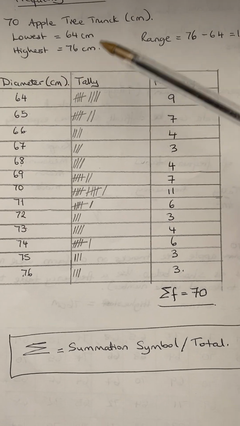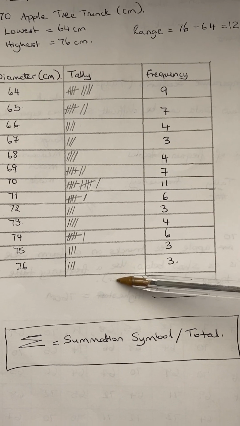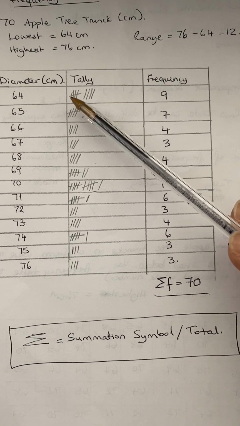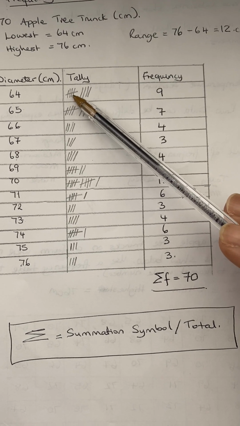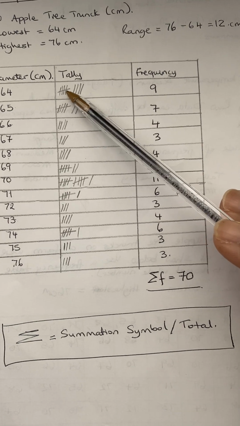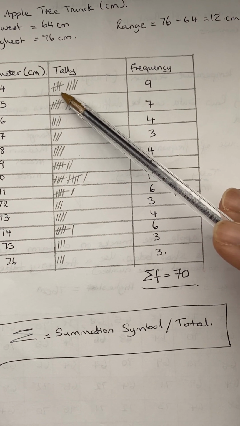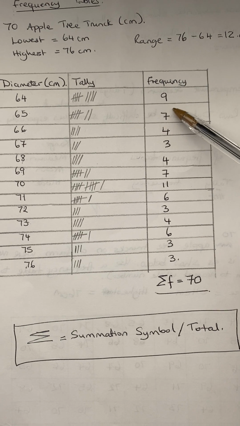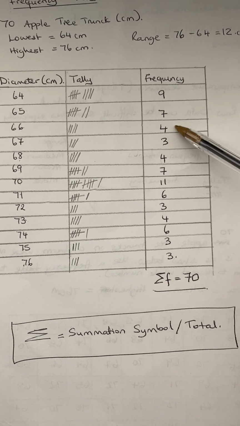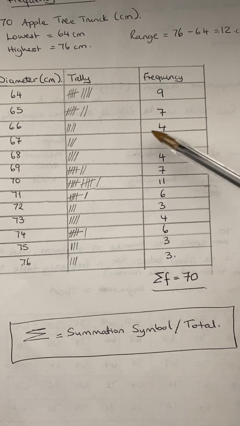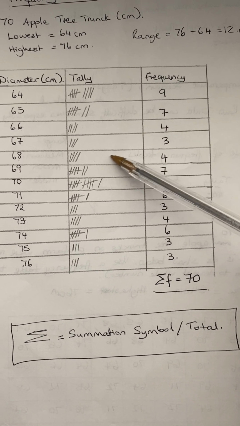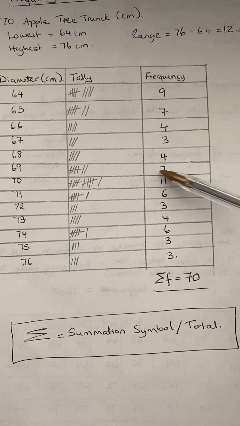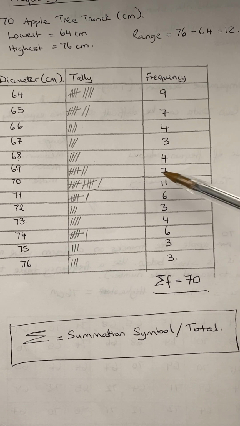So after doing all the 70 set of data, 64 appeared 9 times, so you can see 1, 2, 3, 4, and then a cross to show this is 5, and then 4, so 9. 65 7 times, 66 4 times, 67 3 times, 68 4 times, 69 7 times, 70 11 times.